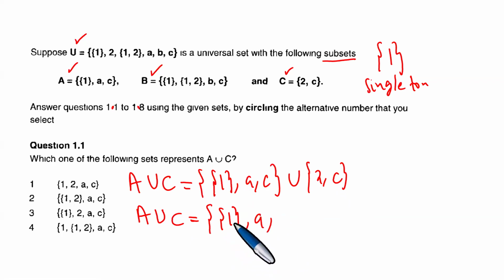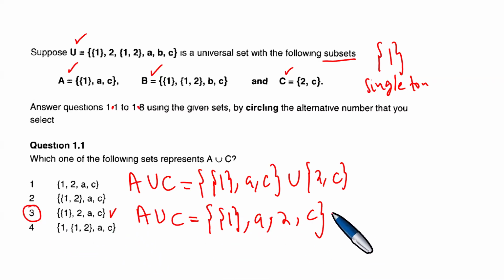And we also have the element 2 as well. It is part of the set because we just select one element for each. So 2 has been selected. In the same way, we select C as well. So we look for this set. Now this set is exactly the same as the set in option 3.